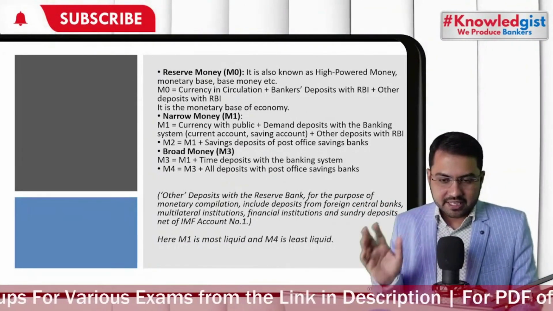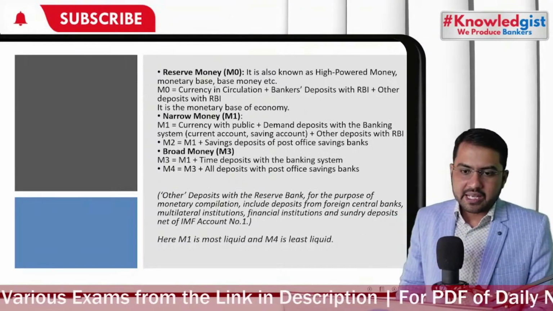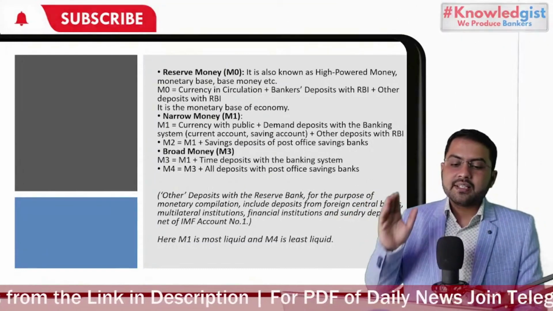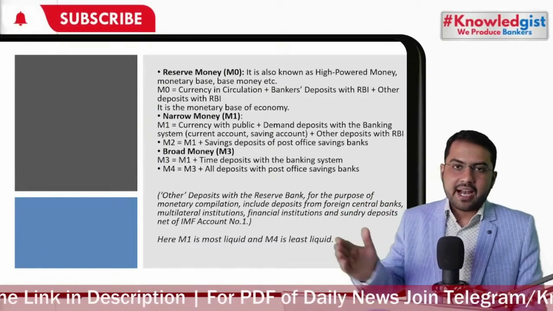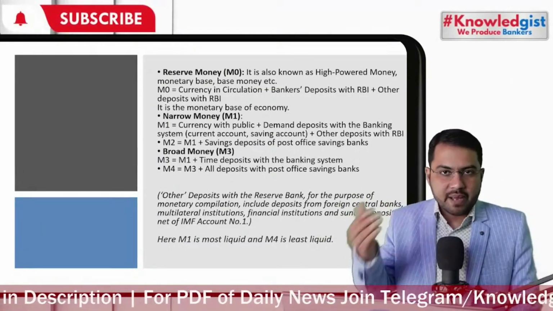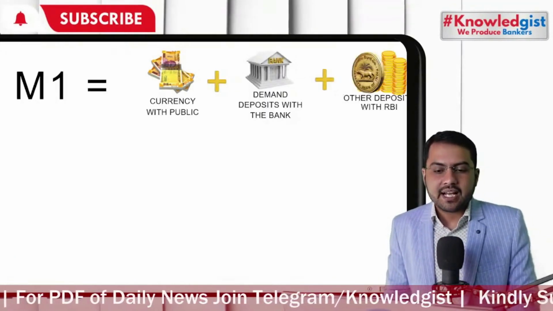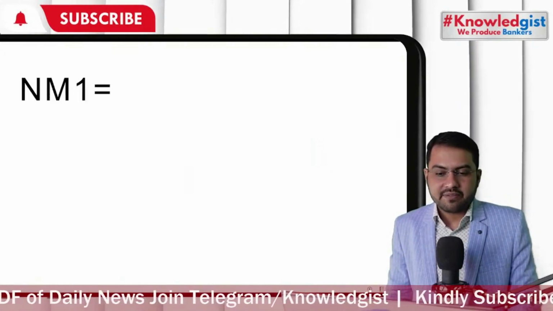There are two accounts of IMF. The money in IMF account number one is the other deposit of RBI, and the first one is the deposit of banks. The banks make a huge amount of deposit in the form of CRR, so that is being factored here.